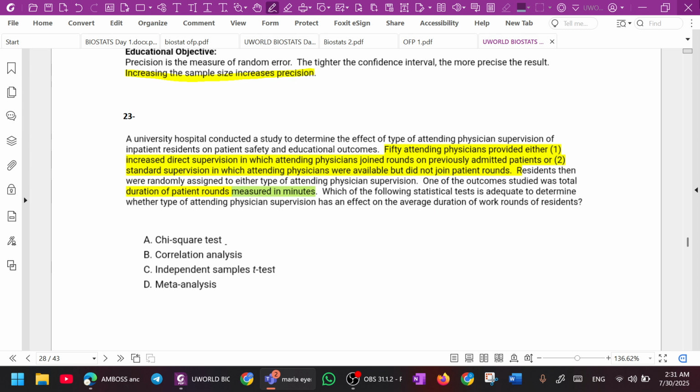I guess maybe it was day two because I don't see it in day one. Where is day two? Biostat 2, yeah, day two. Never mind, let me go to biostat. I didn't want to do it like that, but fine.